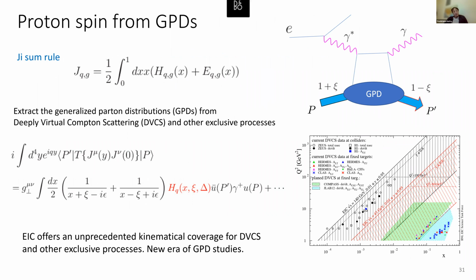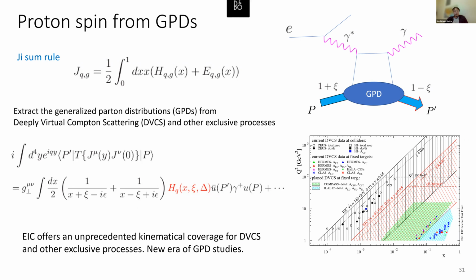And you can actually extract H and E from deeply virtual Compton scattering. In this electron-proton scattering, the final state consists only of the real photon, the recoiling proton, and the electron. You measure the Compton amplitude, which is given by the convolution of GPD H times a complicated kernel.